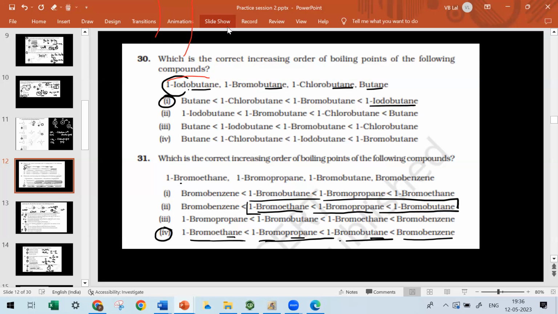So we have done 2 topics, haloalkanes and haloarenes, and the other one is solutions. So both the topics you should be completely thorough. Okay. So which will undergo SN1, which will undergo SN2, and which will form.